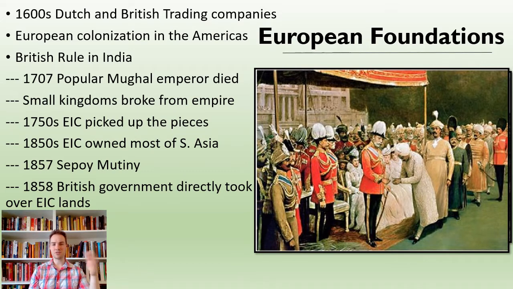The British government should just take it all over and run it as a direct colony, which is exactly what they did starting in 1858. So from then on, India is considered to be a direct colony of Britain, not just some sort of trading nexus where the British had lots and lots of power. It was actually under direct rule of the Europeans.